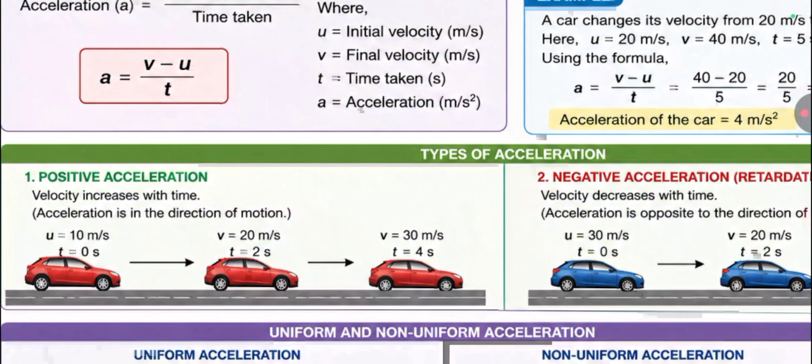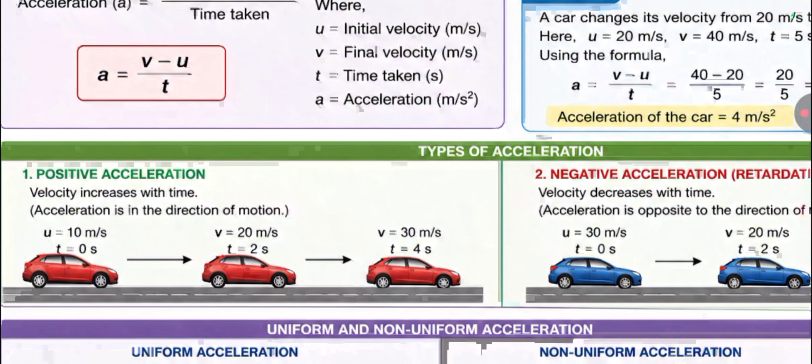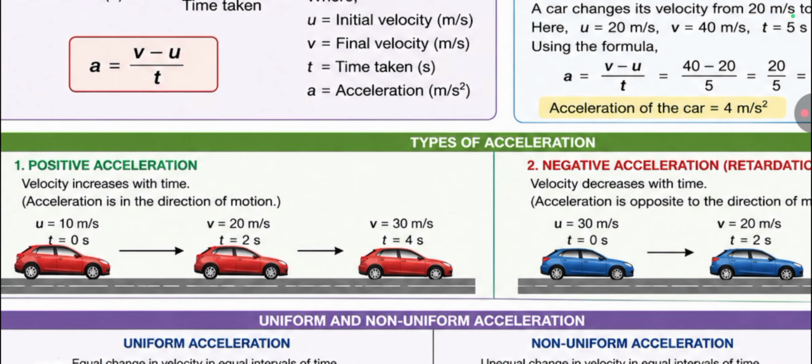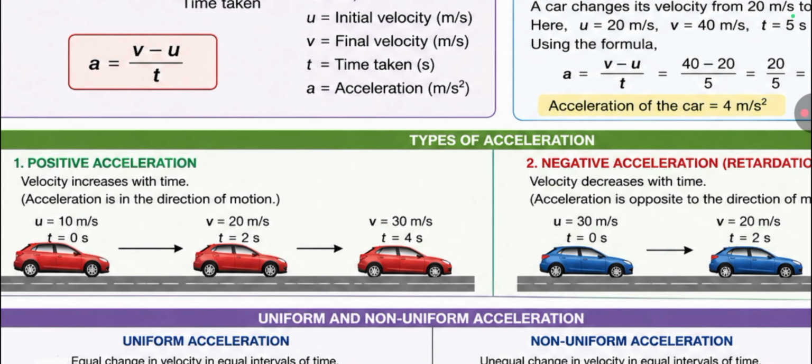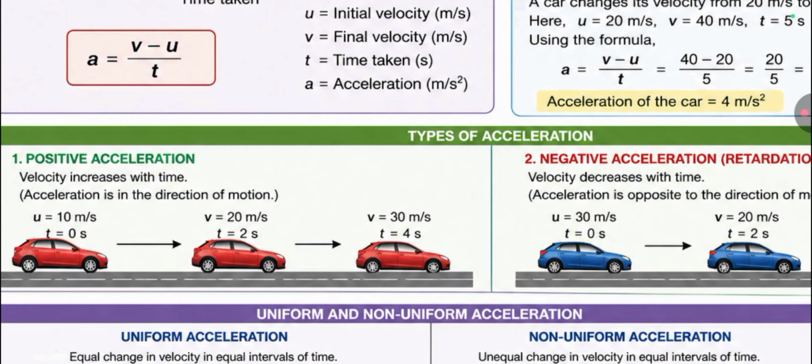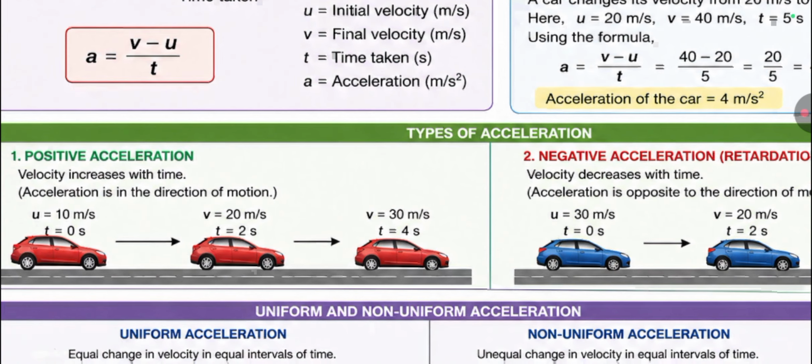Then its final velocity v is 20 meter per second, time taken is 2 seconds. Again the velocity increases to 30 meter per second, then t is equal to 4 seconds. Here the velocity is increased with time. So in this type of case, the acceleration is called positive acceleration.